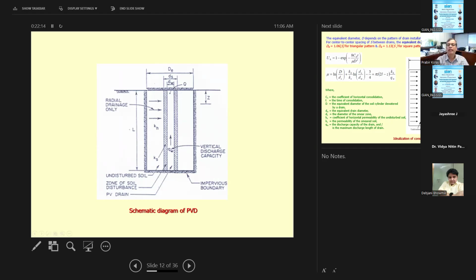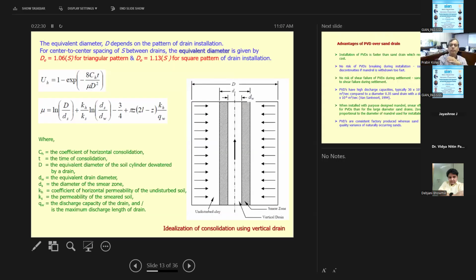Then you also need to find the equivalent diameter. Although it is flat, with a certain width and thickness, when you calculate as with the earlier sand drain, you need to find out how much equivalent diameter it is going to cover. The equation is a little different from the earlier one.